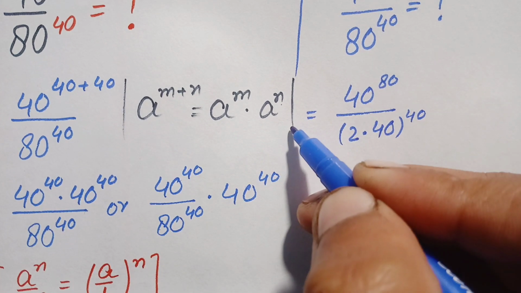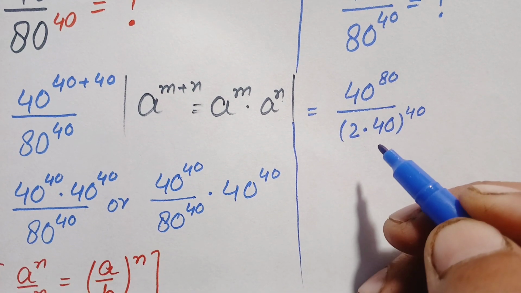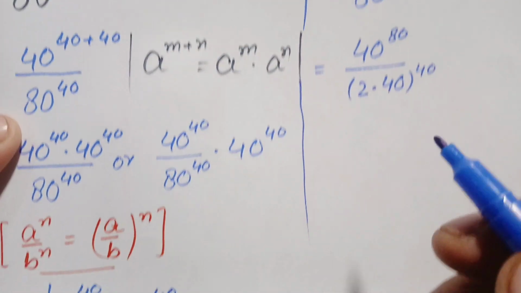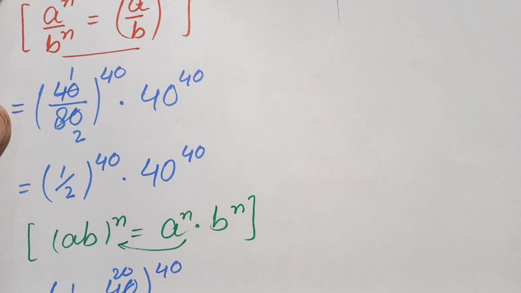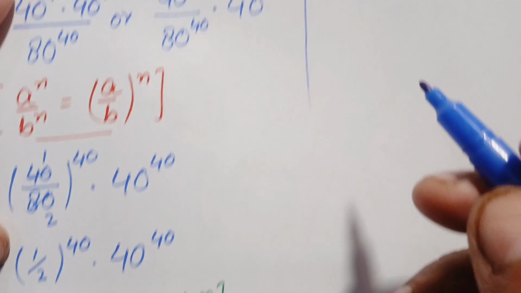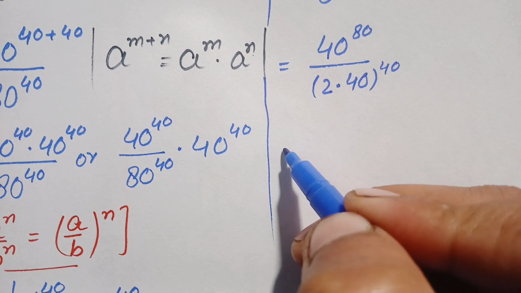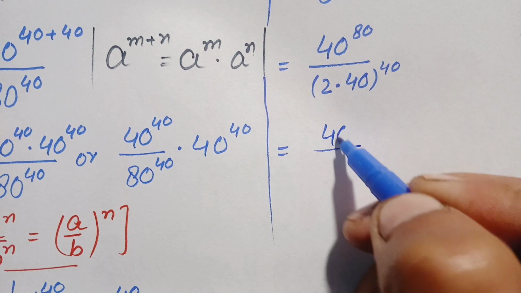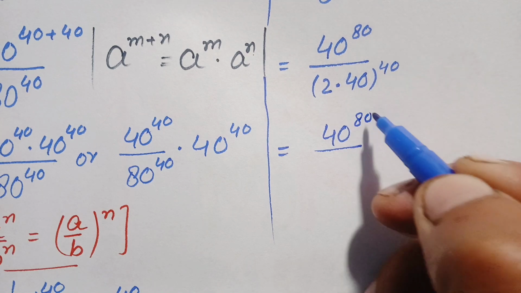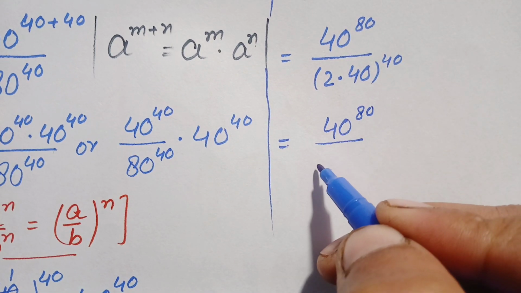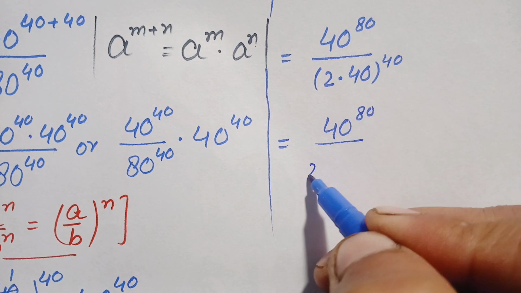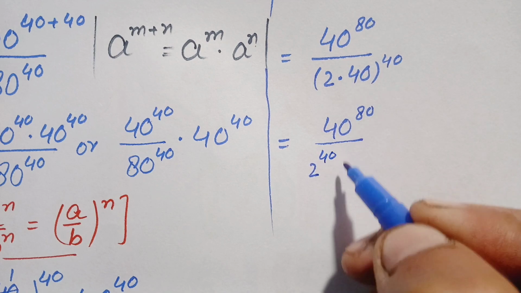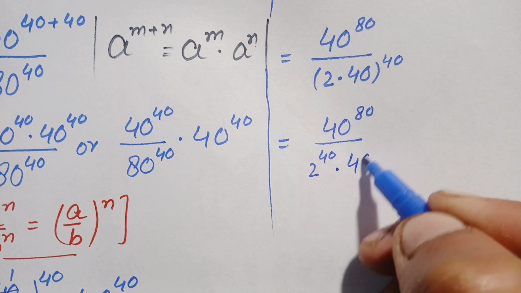Now again here in the denominator we will use the exponential identity. So here we will use this one identity, and this will become the numerator, which will be the same, 40 raised to power 80, divided by the denominator, which we can write as 2 raised to power 40 times 40 raised to power 40.